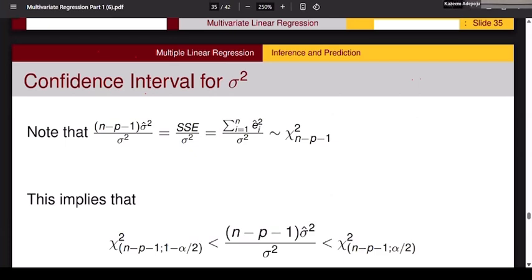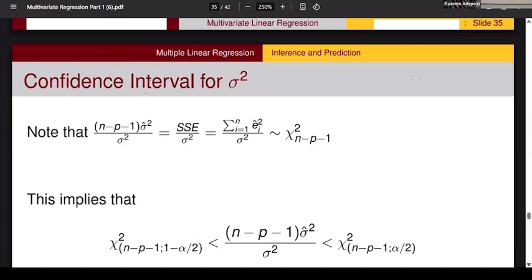The last on this particular lecture note is this: we have constructed confidence intervals about regression parameters, and we tested hypotheses about regression parameters. But can we also conduct inference on the variance?